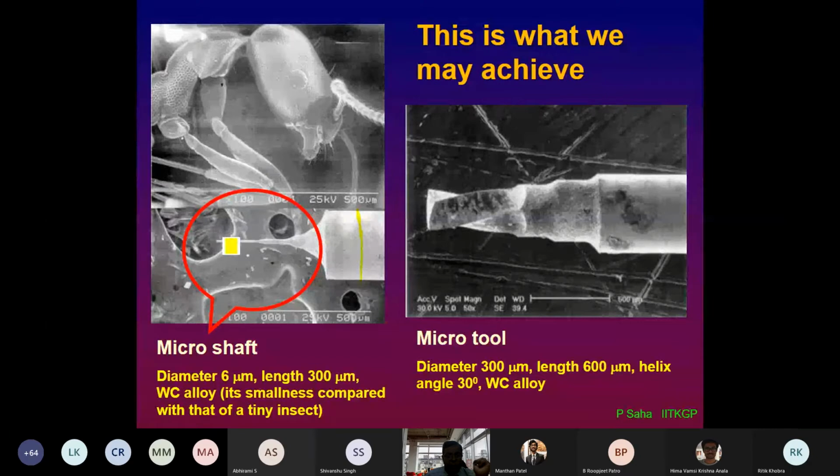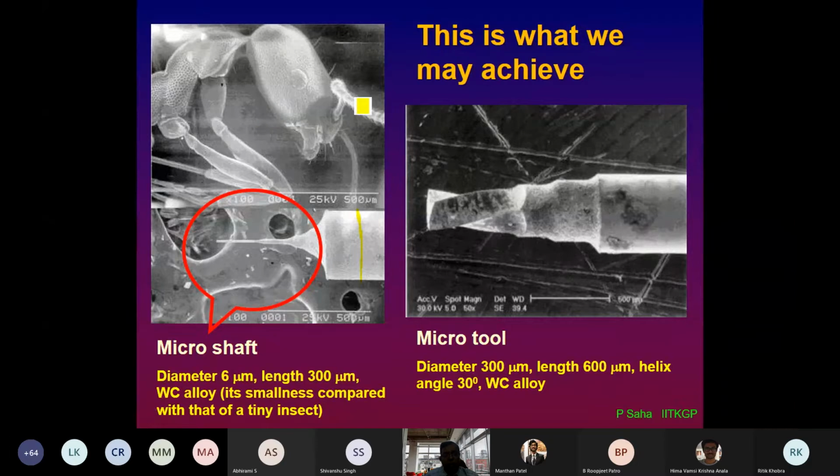The shaft diameter is around 6 micron, and the length is around 300 micron. This is 500 micron, and this is around 300 micron. Compare this to an insect, an ant, and you see how small it is. Its smallness is compared with that of a tiny insect.